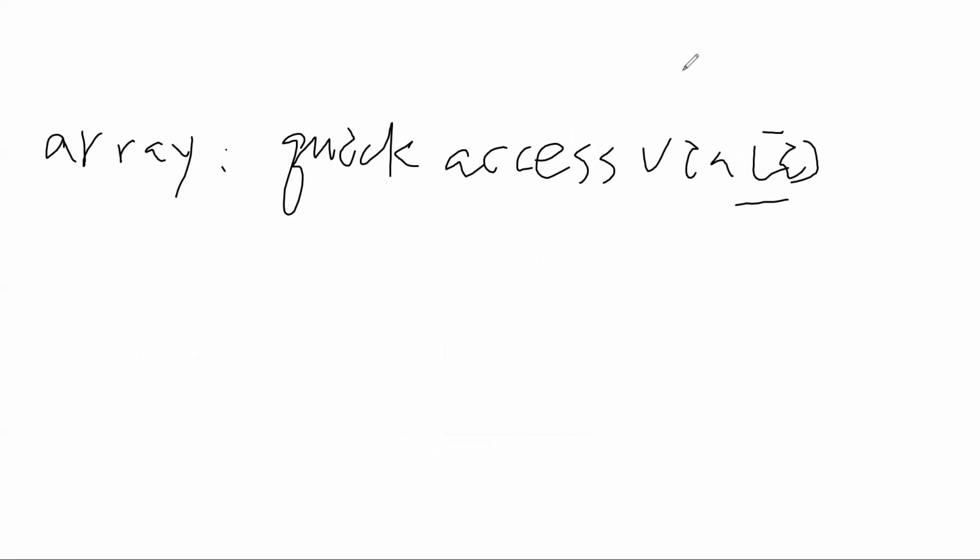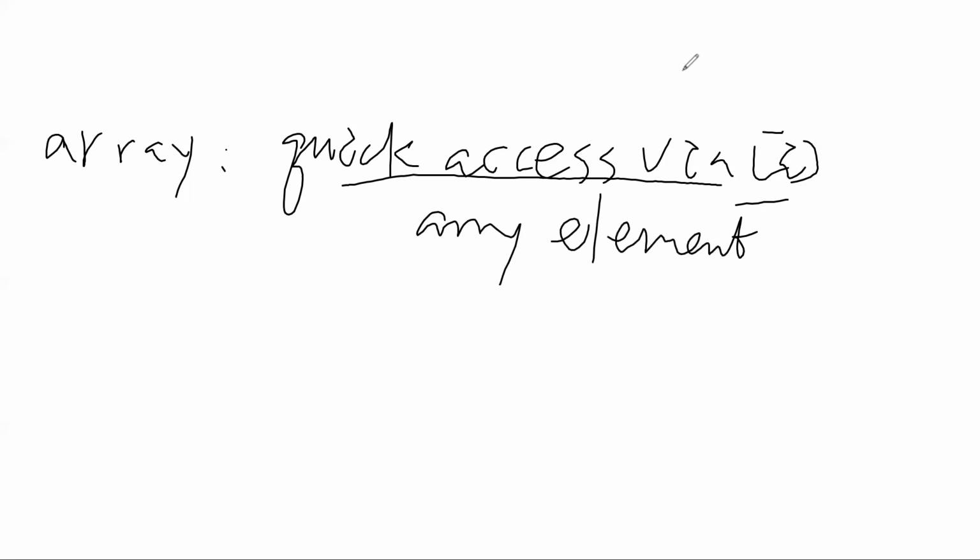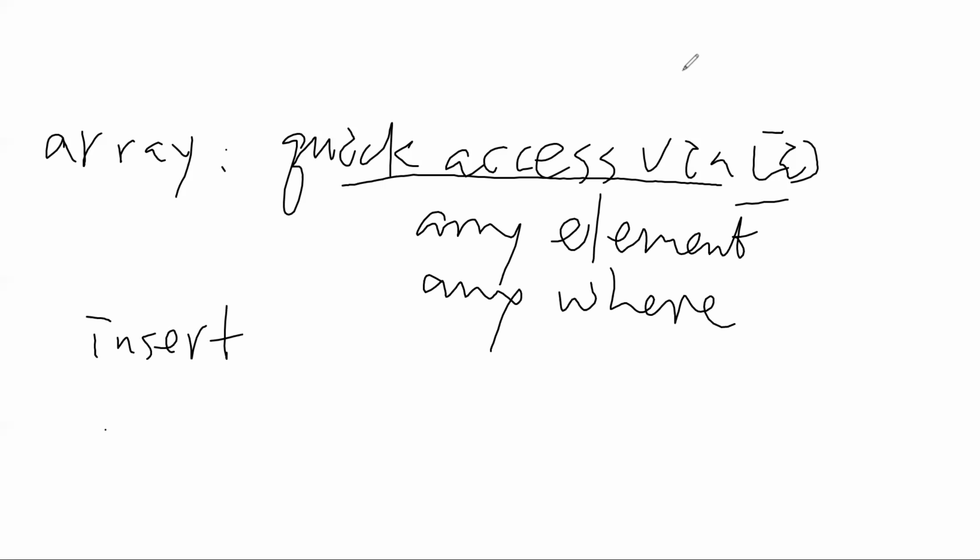But you remember previously we discussed the circular array implementation of a queue. An array is very quick to access any element anywhere. But just think about insert and delete operations anywhere.